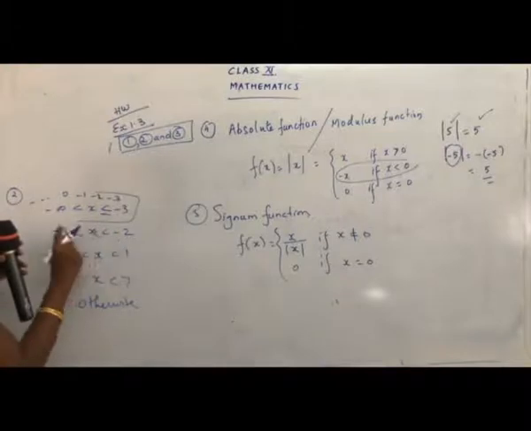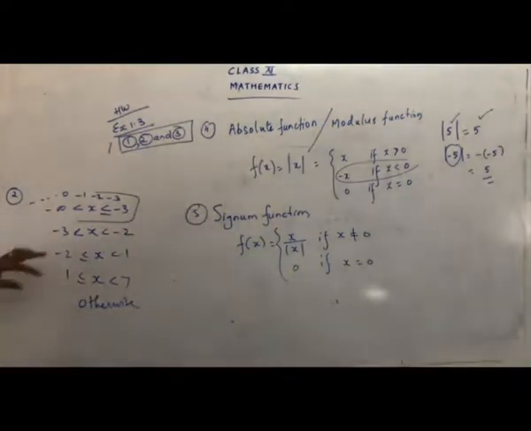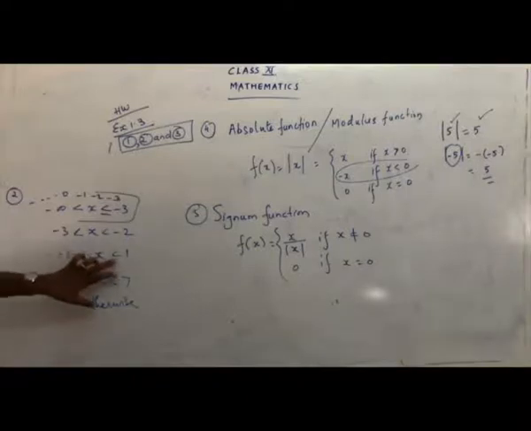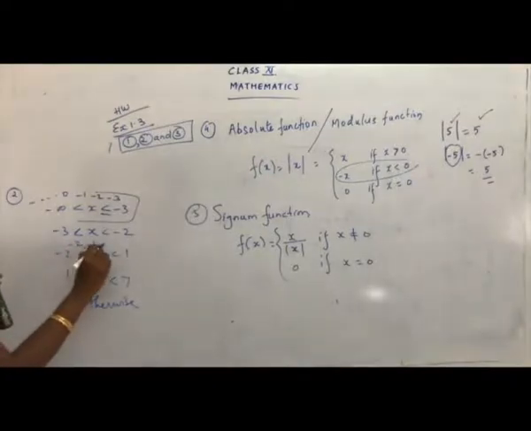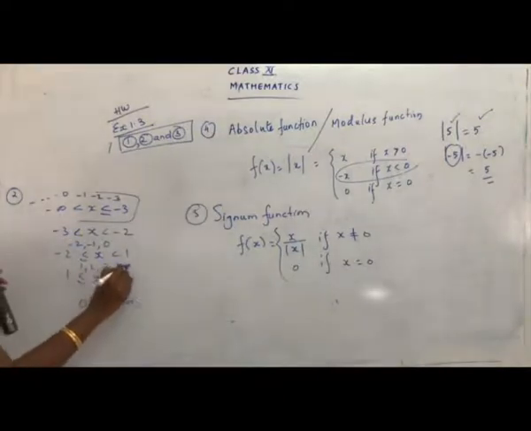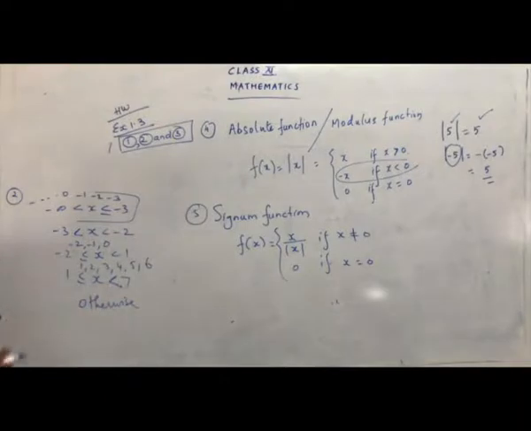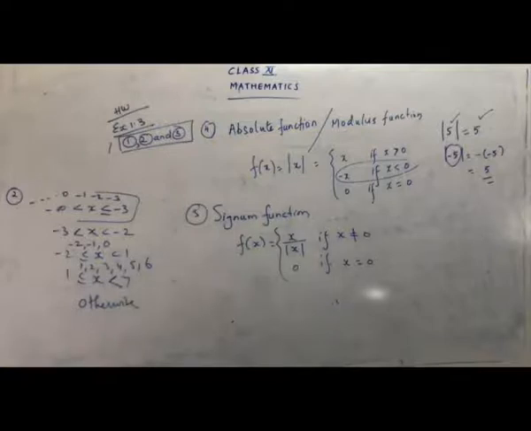So what is the number here? -3 less than x less than -2: you have numbers between -3 and -2 like -2.3, -2.4, -2.5 and so on. -2 less than or equal to x less than 1: here -2 is included, -1, 0, and 1 is not included. Here 1, 2, 3, 4, 5, 6, and 7 is not included. So you have to choose a proper interval. We have done this type of sum in our class 10. I hope you remember.